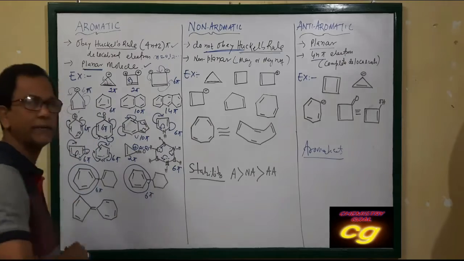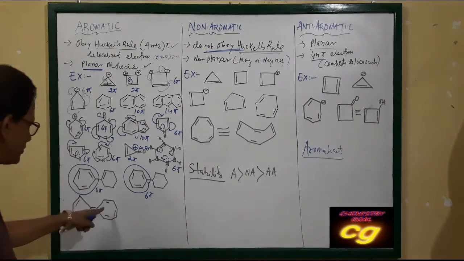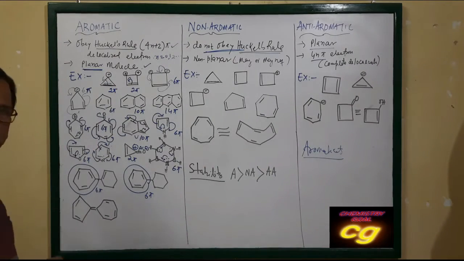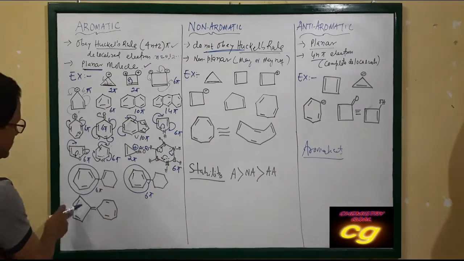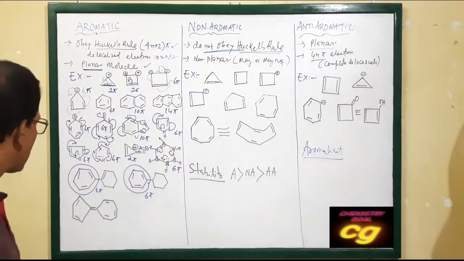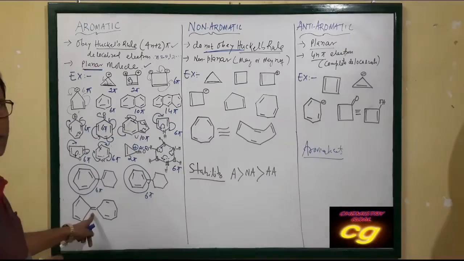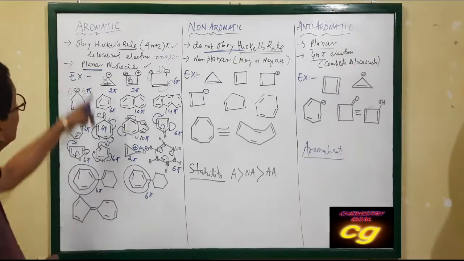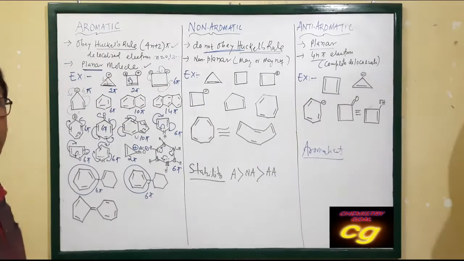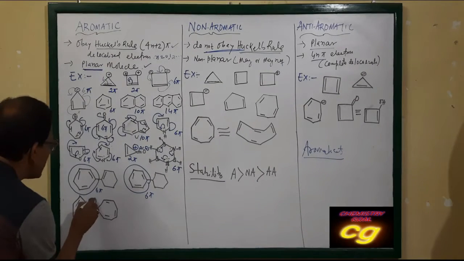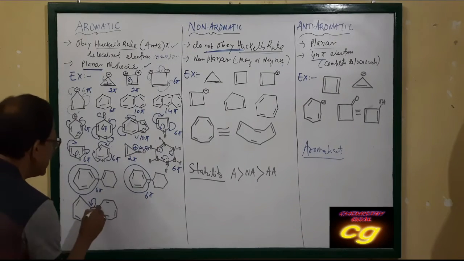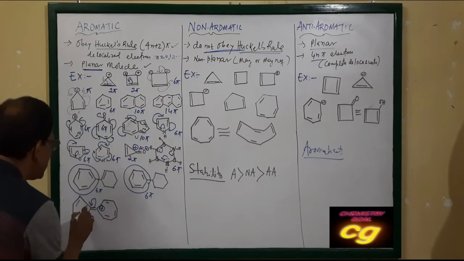That's why aromatic. And in this case, if you count the total number of pi electrons, how much will it be? This is 6 pi and this is 2 pi, that is 10 pi, and this is also 2 pi, that is 12 pi. But 12 pi is not satisfying. It is satisfying if this pi bond breaks in this direction, then it will be plus, and then this is minus.